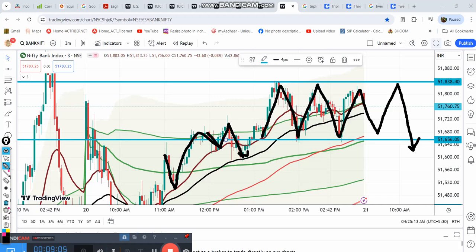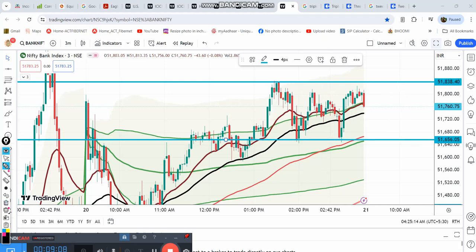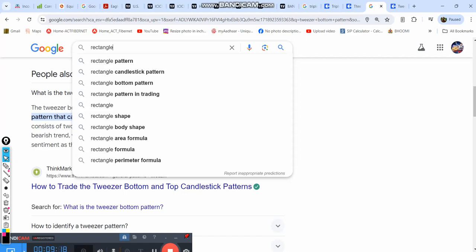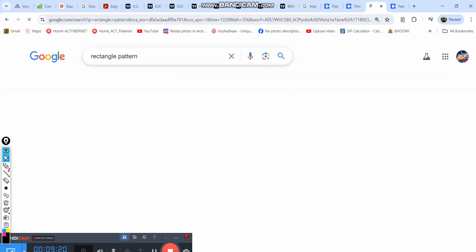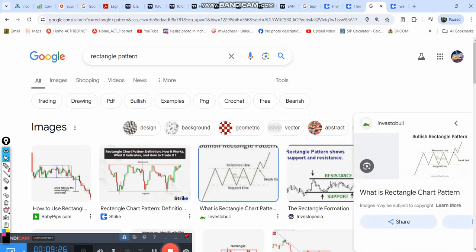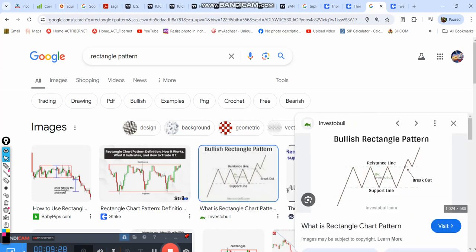So this is a kind of a triple top or a rectangle pattern, even a rectangle pattern. So this can also be a rectangle, bullish rectangle, bearish rectangle pattern.